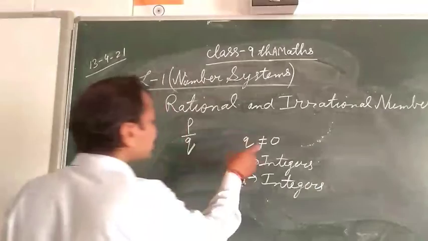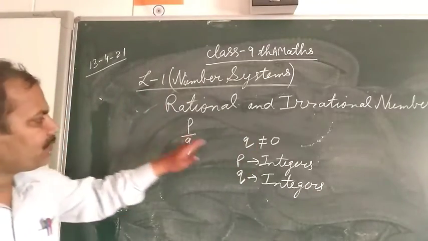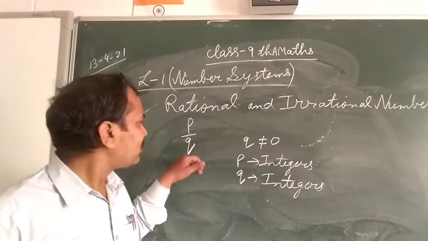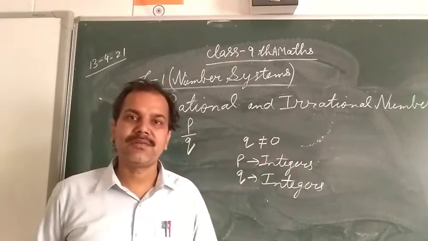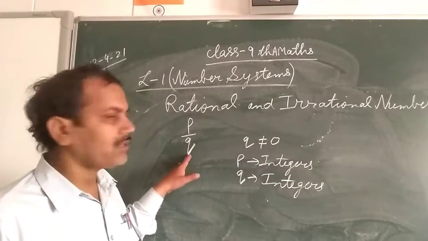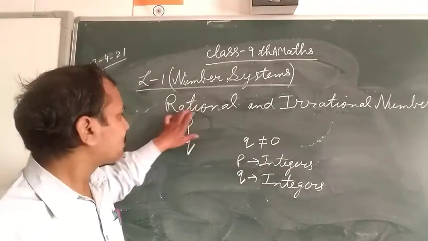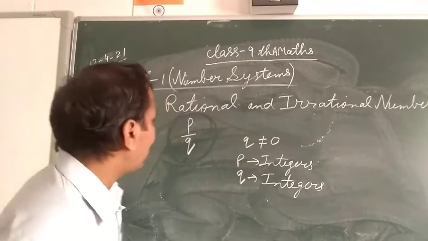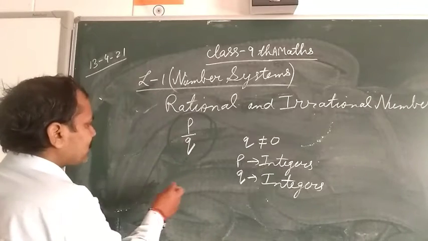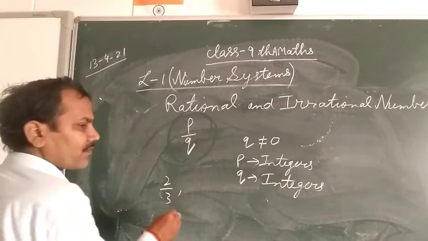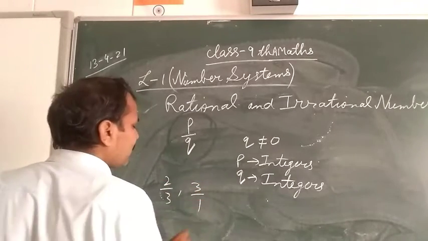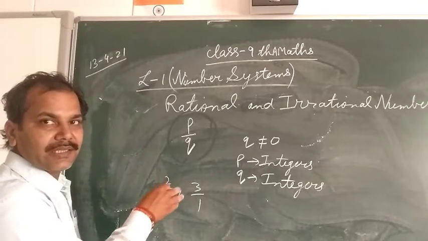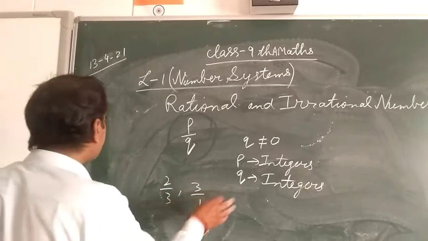P can be 0, but q will never be 0, because if q is 0, then the rational number will not be defined. Some examples: 2 by 3, 3 by 1. All integers are also rational numbers.